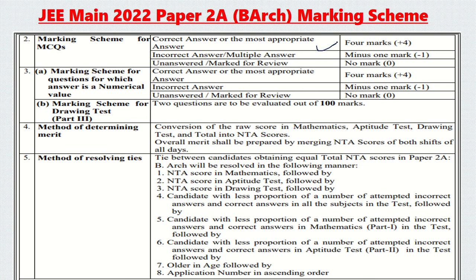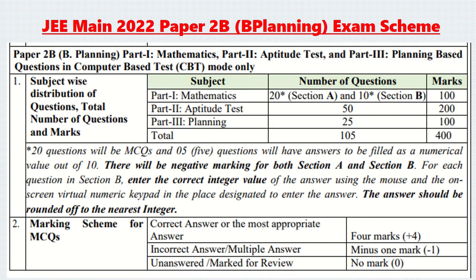For MCQ type questions, 4 marks will be awarded for each correct answer, minus 1 mark will be deducted for each incorrect answer. For numerical value type, the marking scheme is the same. 4 marks will be awarded for each correct answer, 1 mark will be deducted for each incorrect answer. And then for part 3, that is drawing test, 2 questions are to be evaluated out of 100 marks.